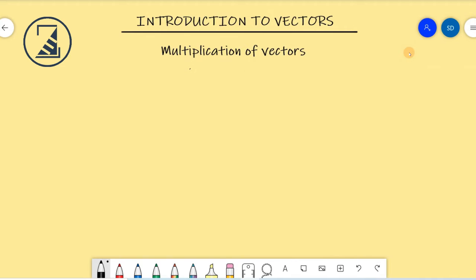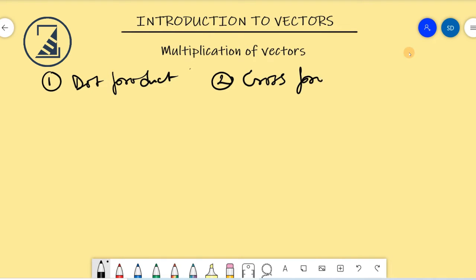There are basically two kinds of vector multiplication. One is known as the dot product, and the second is known as the cross product. Today we will only discuss the dot product.